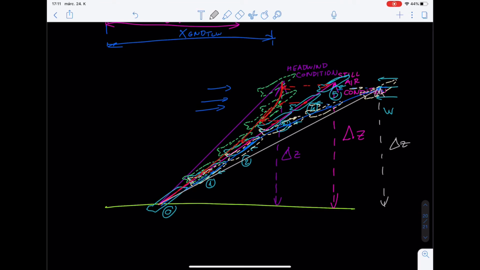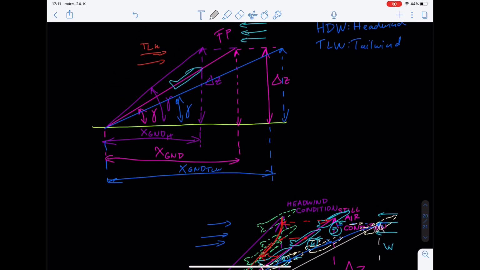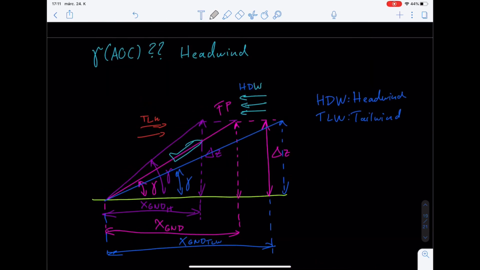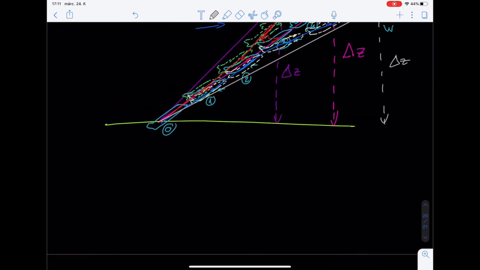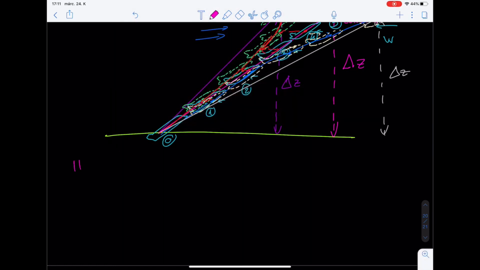So the more mathematical solution, we can establish that if you have a headwind, your angle of climb is going to be increased, or your flight path angle is going to be increased.